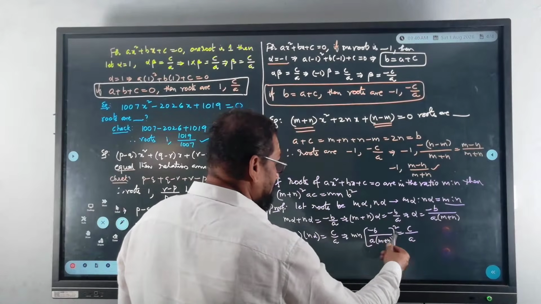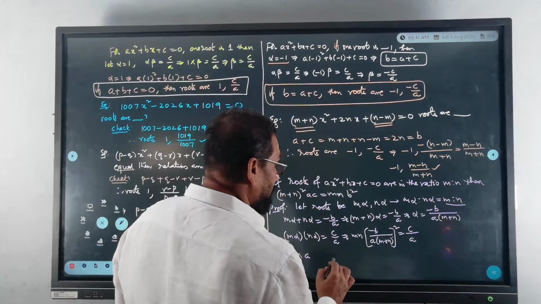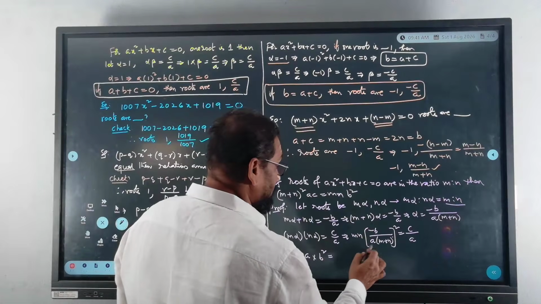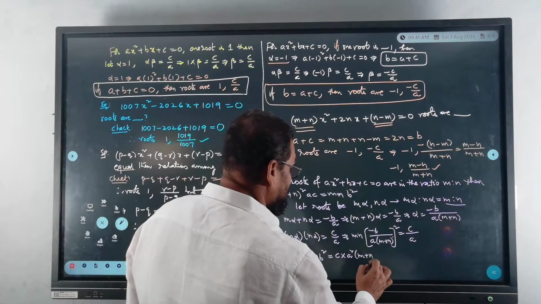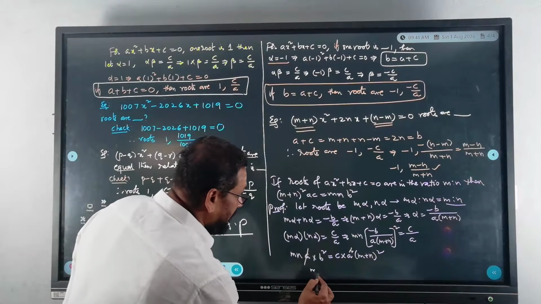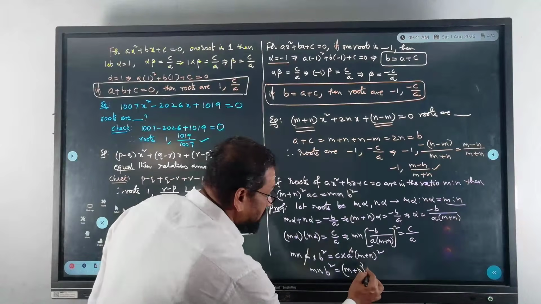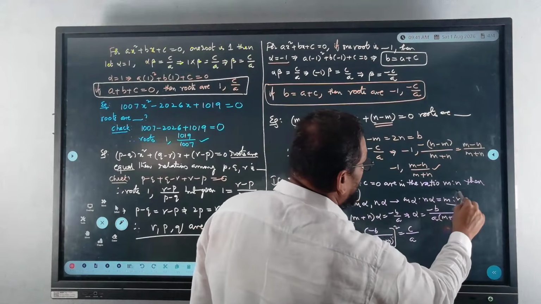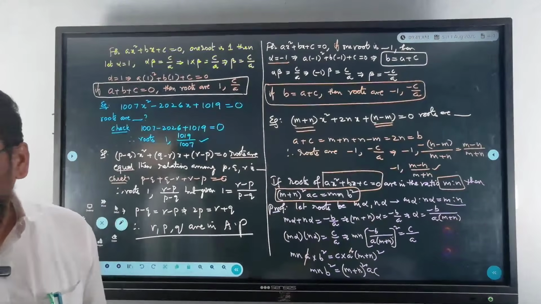So now this a transposes to LHS, mn a into b square is equal to this denominator transposed to RHS, c into a square into m plus n whole square. So here one a gets cancelled. So what remains here? mn b square is equal to m plus n whole square ac. What we have to prove? If roots are in the ratio m is to n for this quadratic equation, that is the condition.